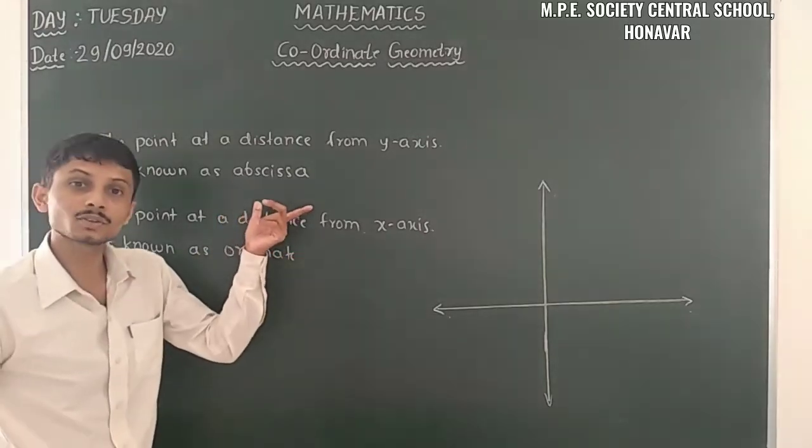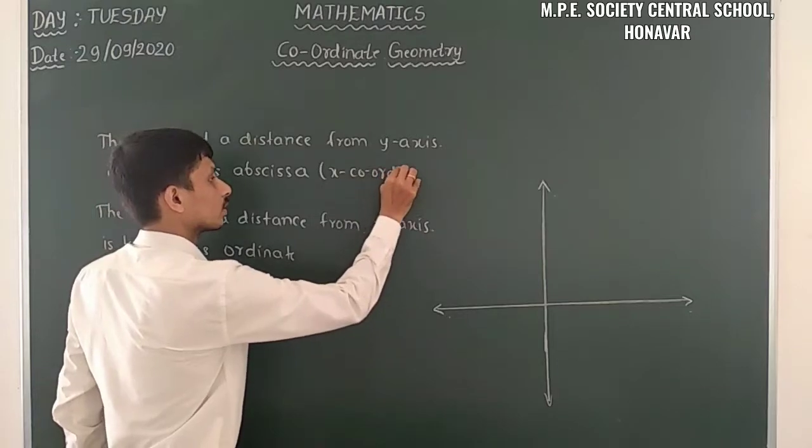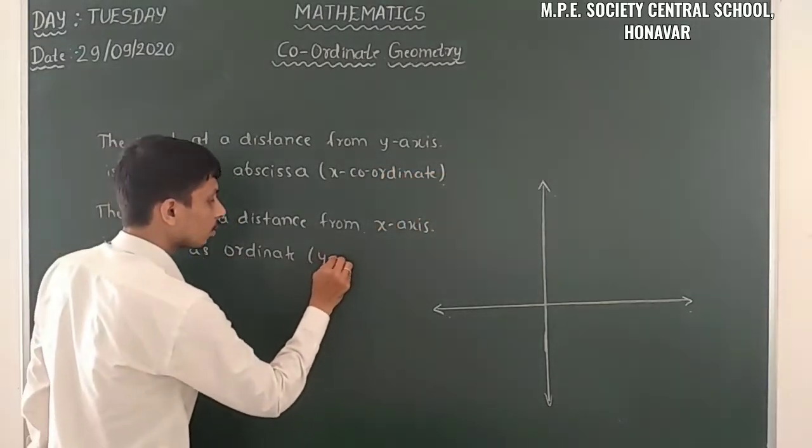So abscissa is the x coordinate of a point. Here it is the x coordinate. Ordinate is nothing but the y coordinate.